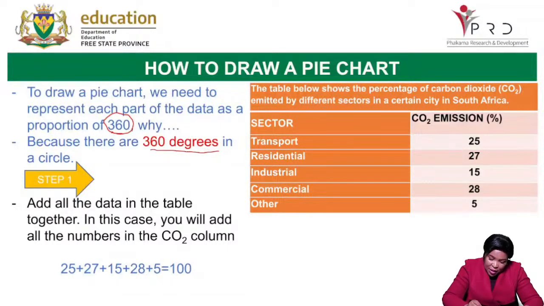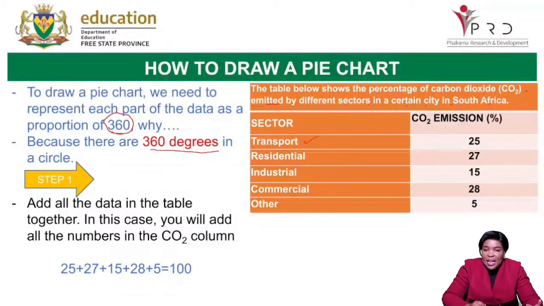So if you have data here, this is the table. The table below shows the percentage of carbon dioxide emitted by different sectors in a certain city in South Africa. So already you have the title of your pie chart from the title of the table. Then you take each sector.